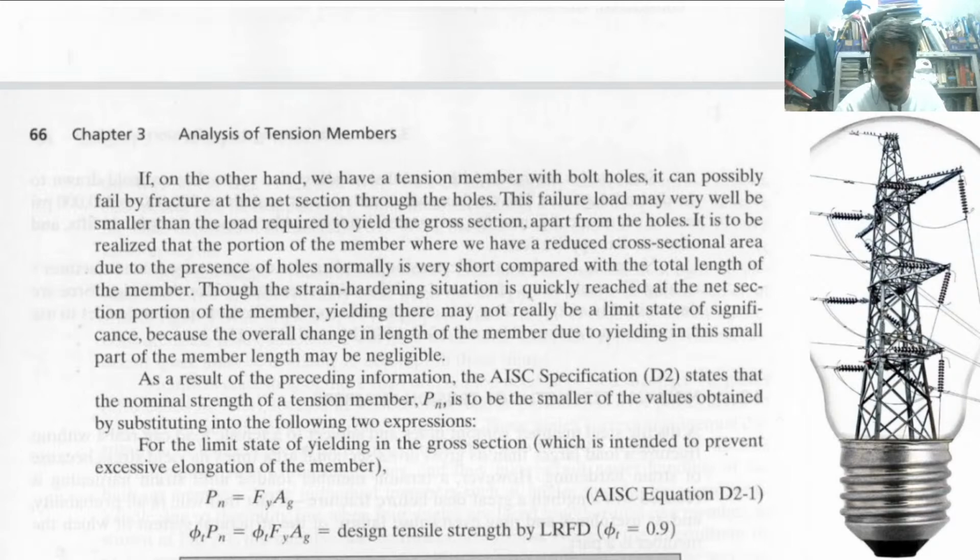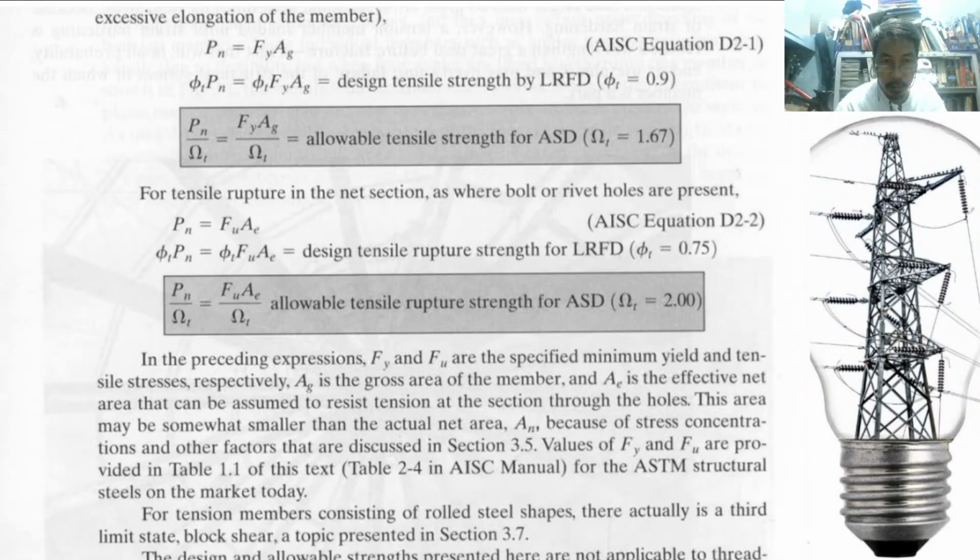So we are through with this discussion: rupture and yield. These are the two major parts, because the third one, the block shear, is just the combination of these two, yield and rupture. Okay.